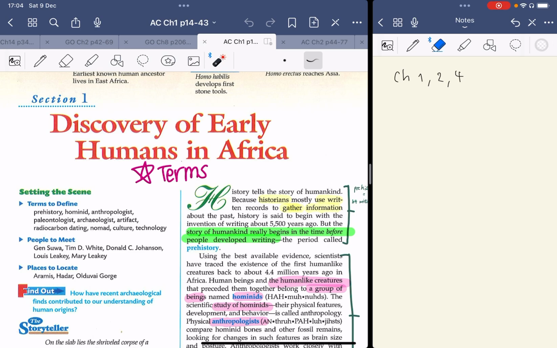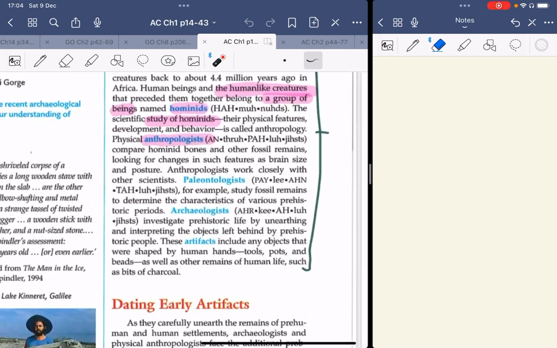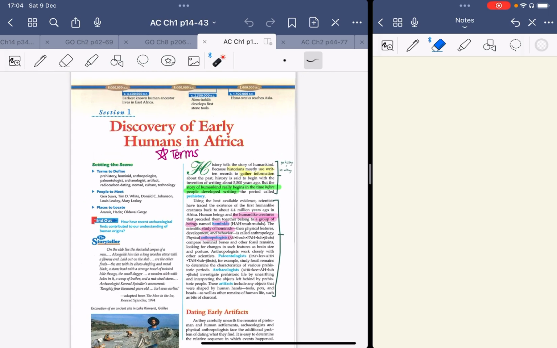Okay? So let's start from chapter 1, section 1. And in this section, oh, wait, for all of the chapters and sections, make sure you study the vocab. So, number 1, we're gonna note down that all vocab. You need to study all of the vocab here.